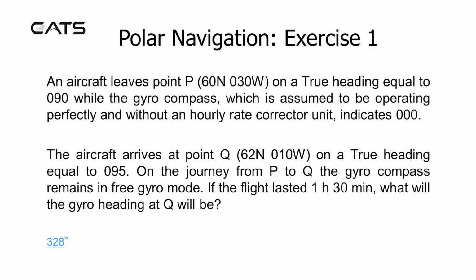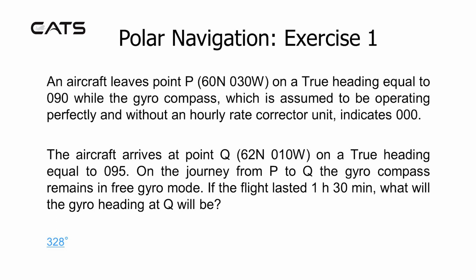Exercise 1. An aircraft leaves point P, 60 north, 030 west, on a true heading equal to 090, while the gyro compass, which is assumed to be operating perfectly and without an hourly rate corrector unit, indicates 000.